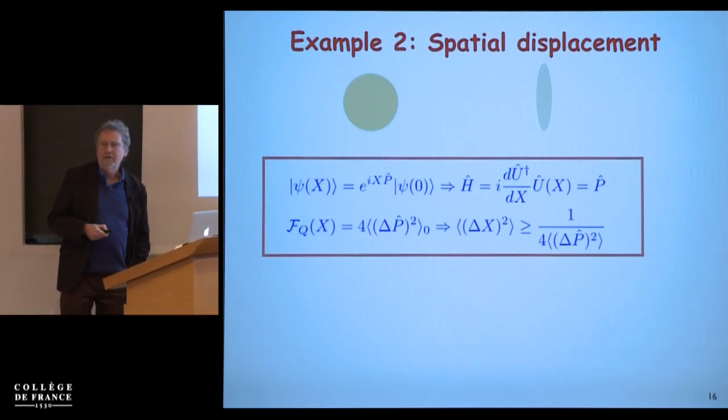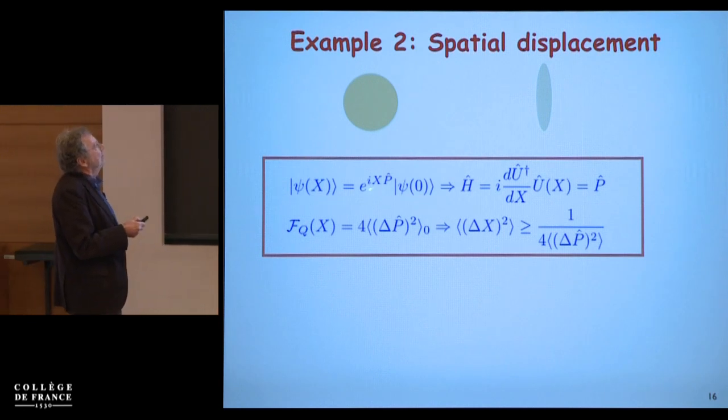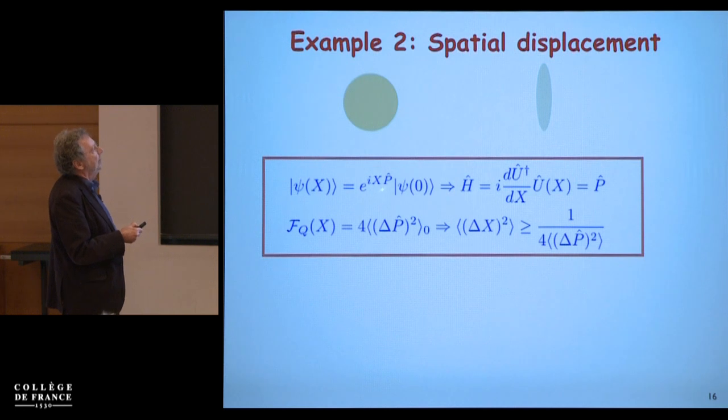Example 2, spatial displacement. The spatial displacement corresponds to this unitary operator applied to the initial probe state. That's the momentum operator. H, given by the expression that we had before, is just equal in this case to the momentum operator.